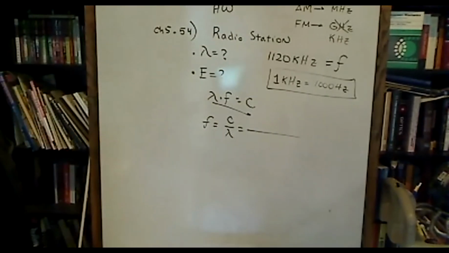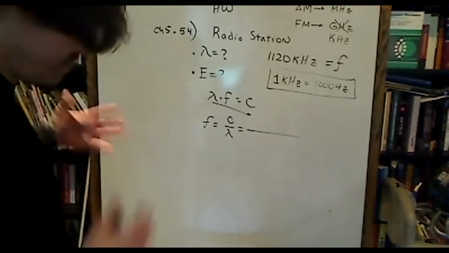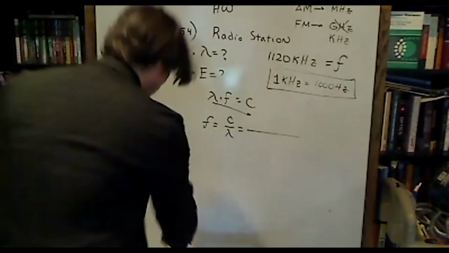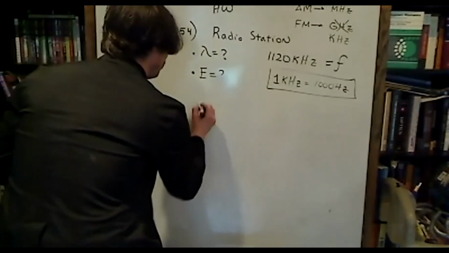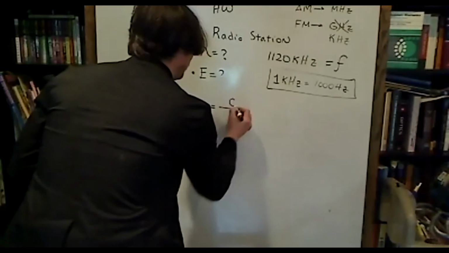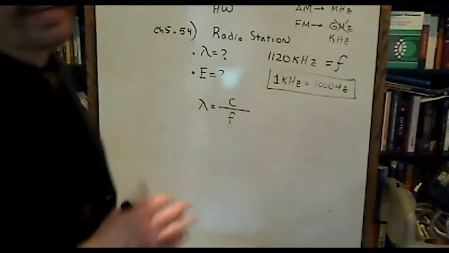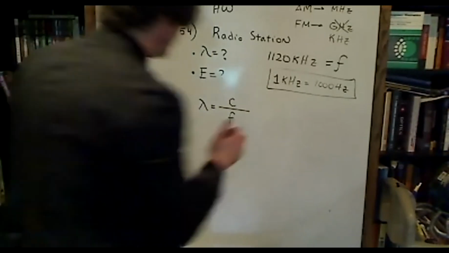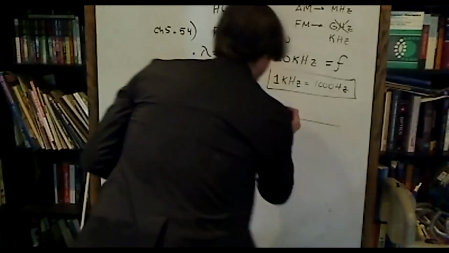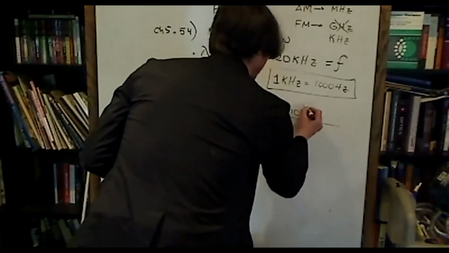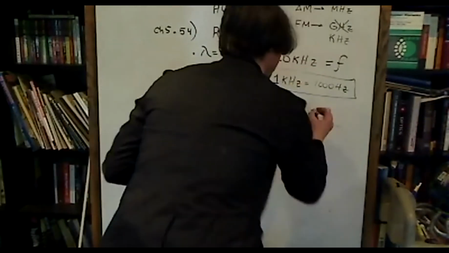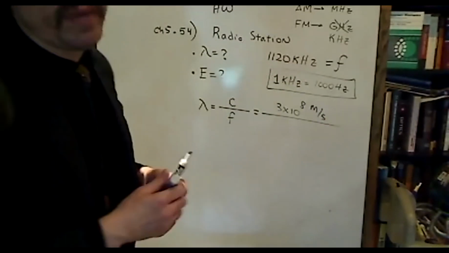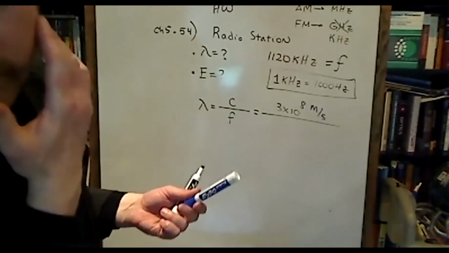But we don't have the wavelength. Clearly my blood sugar is getting low. Wavelength is the speed of light divided by frequency, right? Right. Yes. Thank you, students. Maybe you guys should be teaching this class. Okay. We have 3 times 10 to the 8 meters per second, right? Yes. And our frequency, can we put in kilohertz, yes or no?